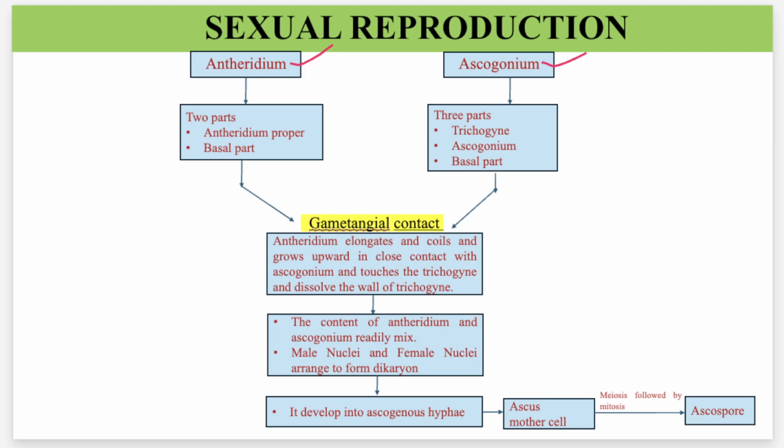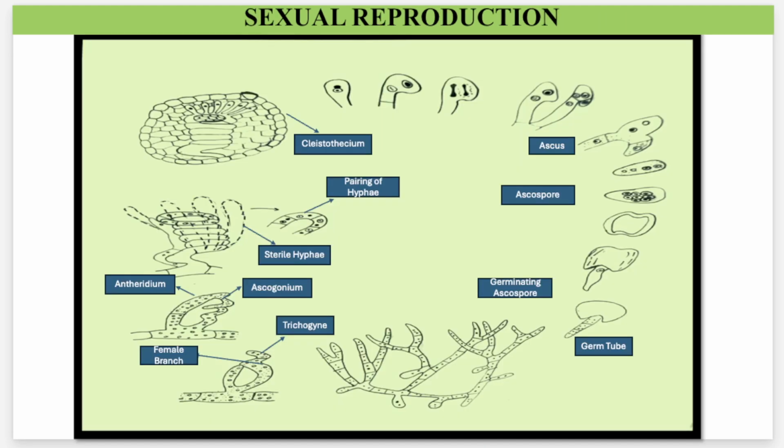And the content of the antheridium mixes with the ascogonium material, and the male and female nuclei pair to form the dikaryon. After the dikaryon formation, it develops into ascogenous hyphae, and after the formation of ascogenous hyphae, it forms the ascus mother cell, in which meiosis occurs, followed by mitosis, and ascospores are formed, right?